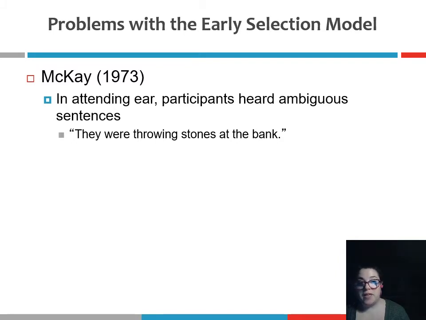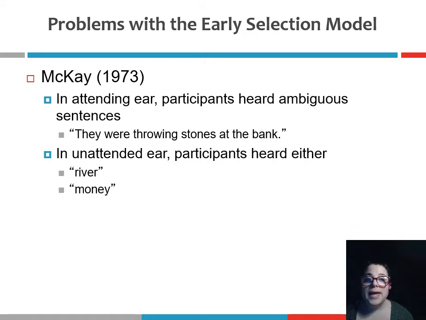So for example, they might hear, they were throwing stones at the bank. In the unattended ear, they either heard river or money. Obviously this plays into the fact that there are two meanings for bank, right?